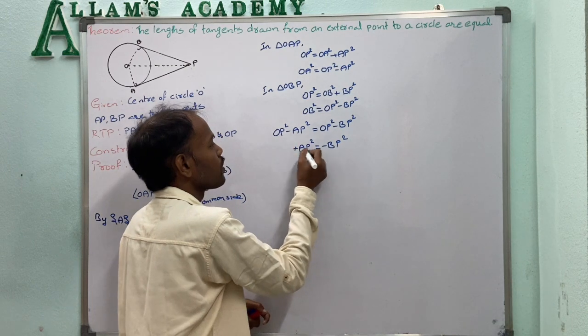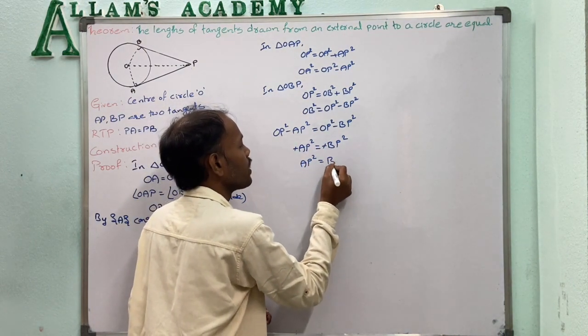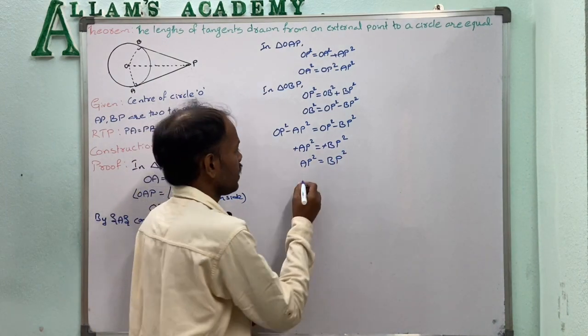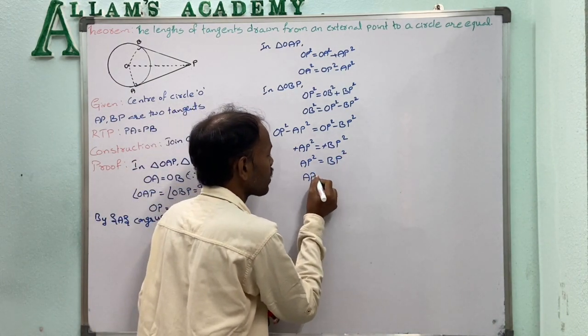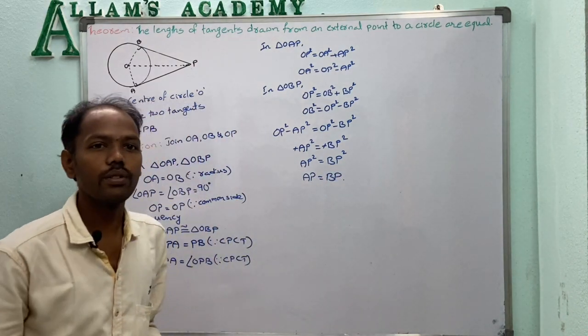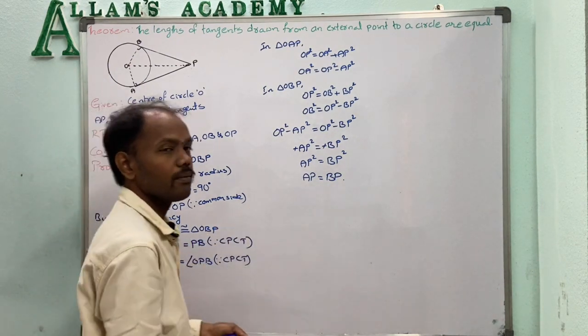Cancelling the minus on both sides, AP square equals BP square. Now taking the square root on both sides, AP equals BP. So here also we get the same result.